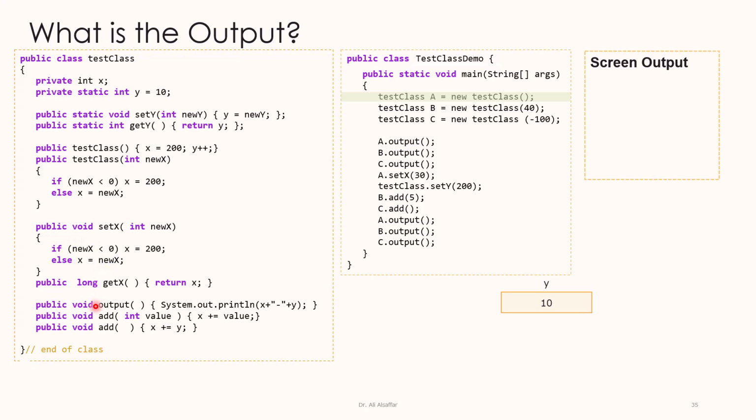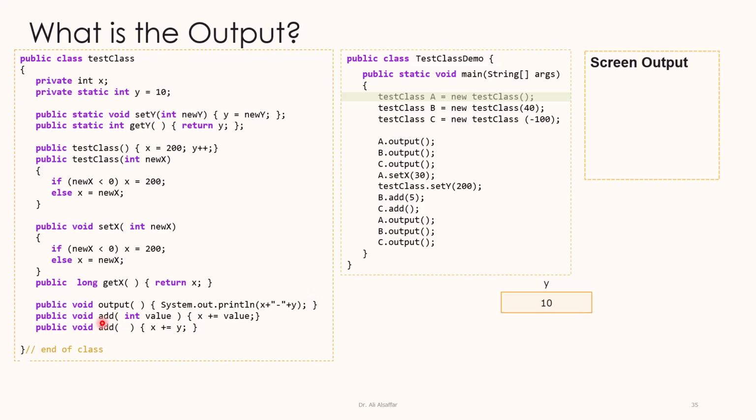Also, it has a print method that is responsible for printing the value of x and y separated by dash, and this method is called output. Also, it has an overloaded method called add. The first definition, which is its signature, has a single input parameter as an integer, and the second definition as a signature does not have any input parameter.